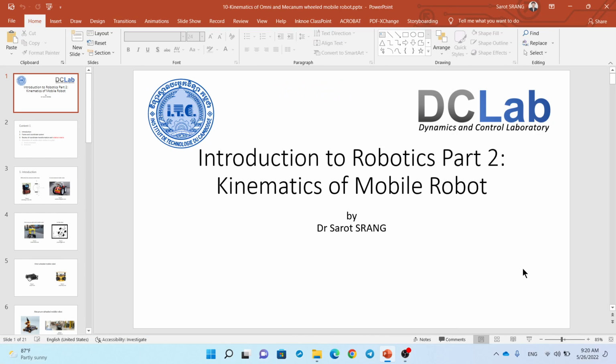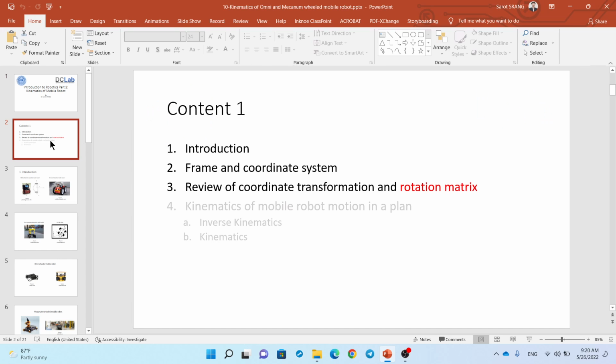Okay, so welcome everyone to Introduction to Robotics Part 2, which is mainly about kinematics of mobile robots. To begin with, I will briefly introduce some mobile robots with different wheels.